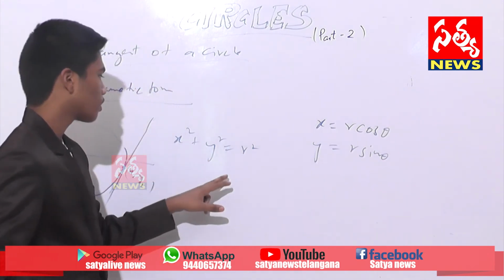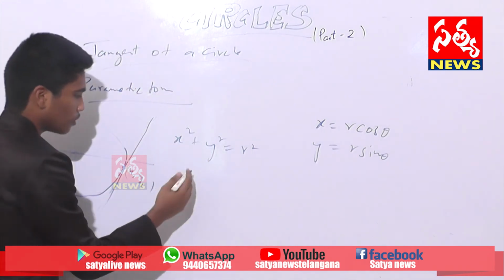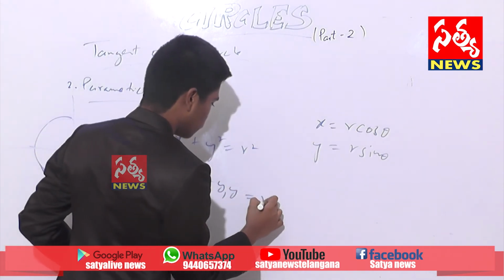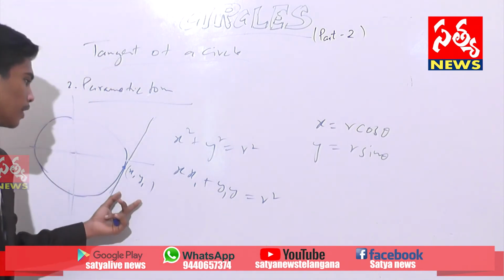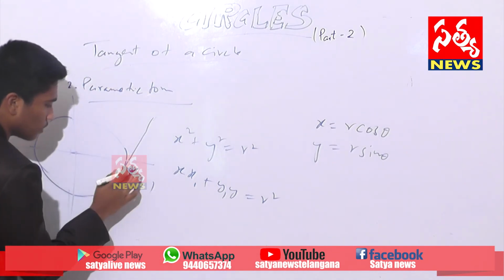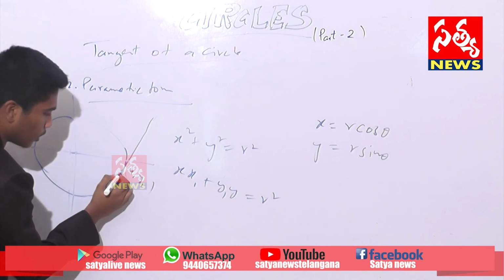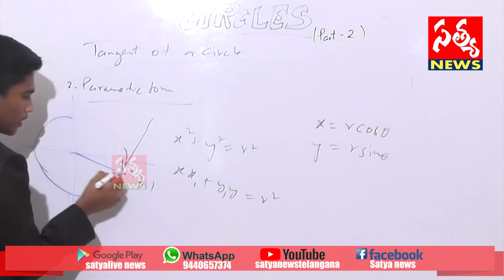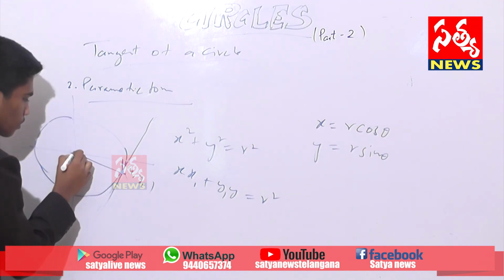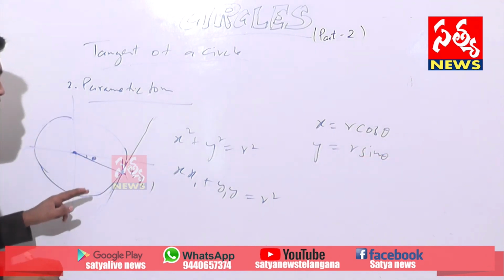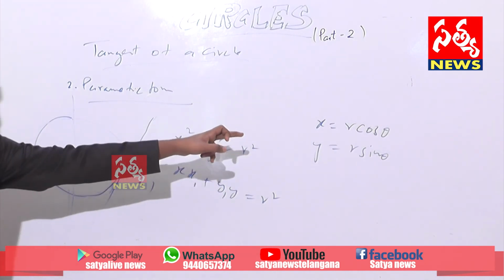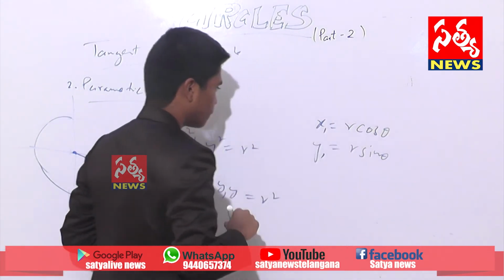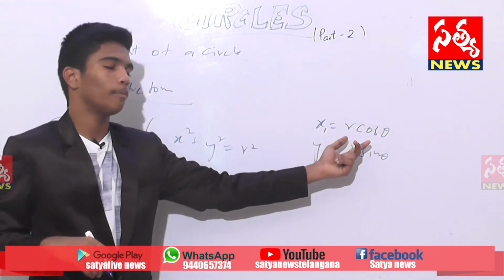So first of all, use the point form. Put xx1 plus yy1 is equal to r square, and now here I am using the point as here, and this is a triangle, right? If I assume this as theta, we can get x1 as r cos theta and y1 as r sin theta. In the place of x1, I am going to put r cos theta.